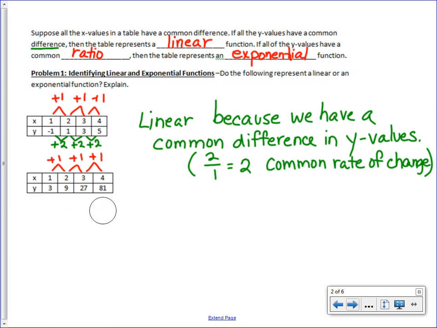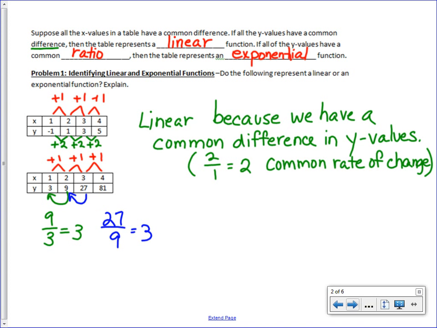Now, to do that, we're going to compare one y value with the other one. In other words, 9 divided by 3 is equal to 3. All right, we're going to continue to check by taking the next example. 27 divided by 9 is equal to 3 as well.